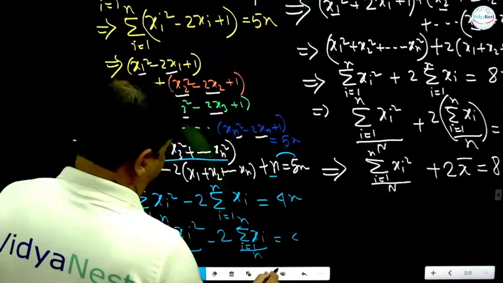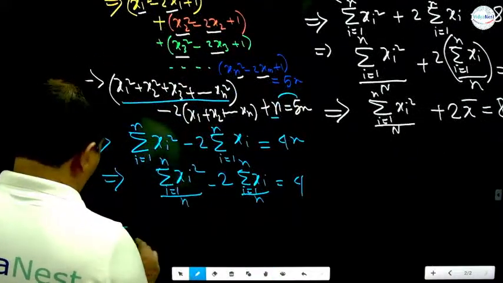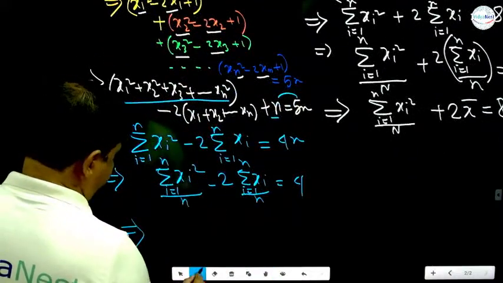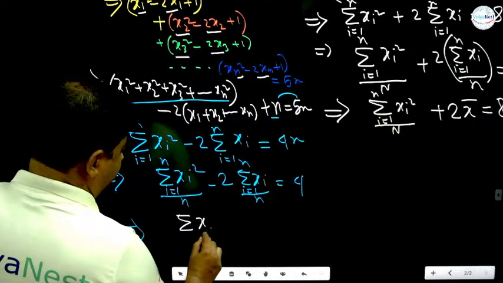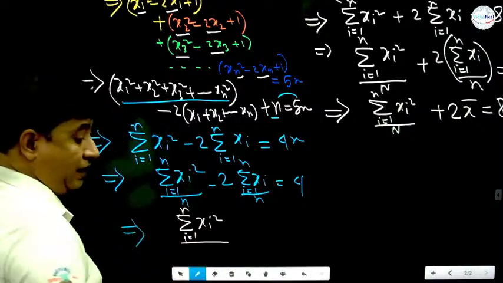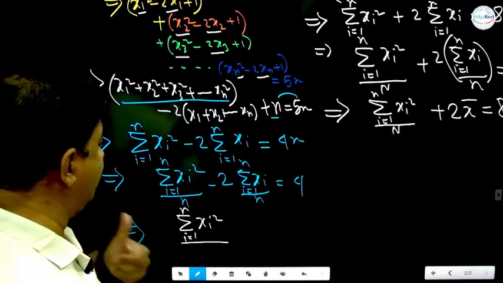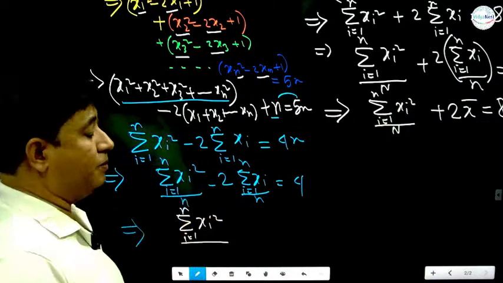It is equal to 4. Once you get that, what will you write? And in these sums, in statistics, you must be careful in calculation. Mistake can be done by anyone. I can also make a mistake. If one data you missed out, the whole result will change. Yes or no?